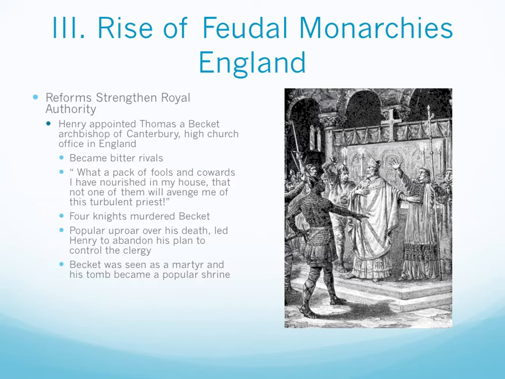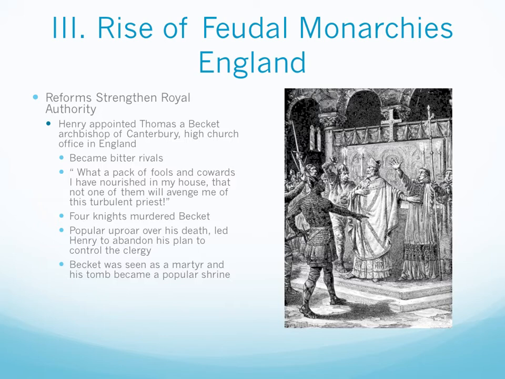So 4 knights go out to avenge the king, to hopefully win the king's favor, and they murder Becket. But the majority of the country, the citizens, there's this popular uproar over his death. They're really angry that the archbishop has been murdered.